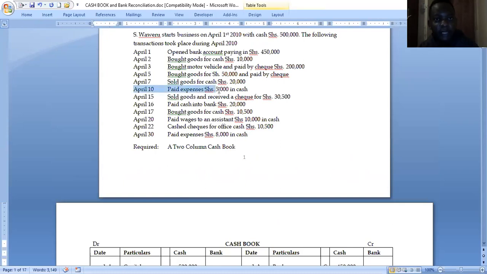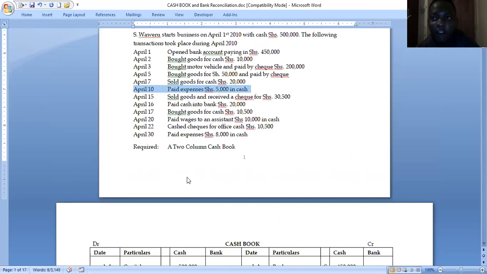On April 10, paid expenses, 5,000 shillings in cash. So which two accounts are there? We have expenses and the other one is cash. Expenses is an expense, cash is an asset.